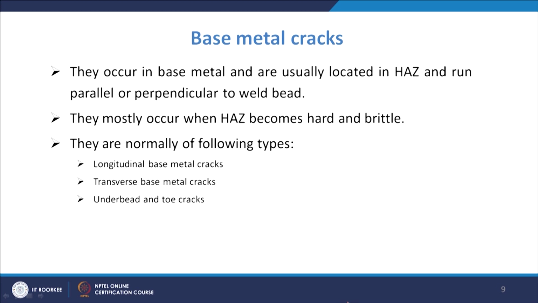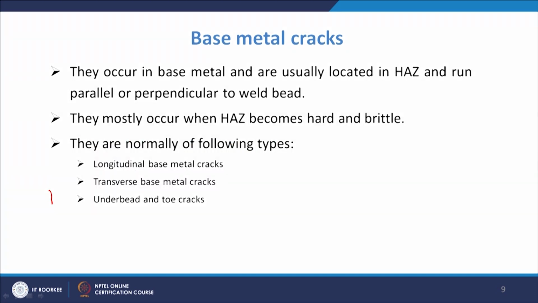You have different types of base metal cracks, in different categories: longitudinal base metal cracks, transverse base metal cracks, and underbead or toe cracks. That is because of the positions where they occur.